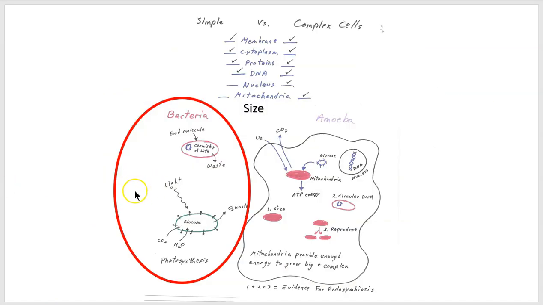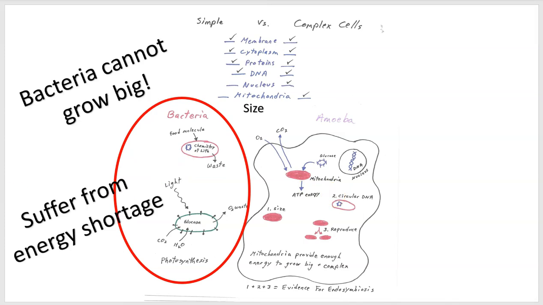So again, let's compare bacteria to complex cells. We noted that there is a size difference, and we'll see in another lesson that bacteria really face a problem. They have to remain small. The way that they produce energy, there's a certain geometry involved. They suffer from an energy shortage as they grow bigger.